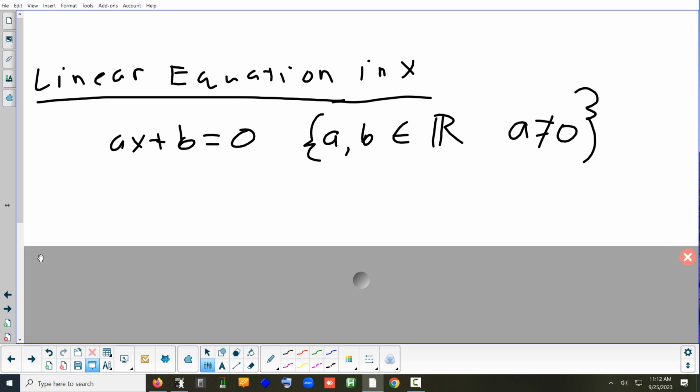Yeah. So this symbol, if you want to be really technical, means element of. So A and B are elements of the real number system. But A can't be 0 because if A is 0, 0 times x is 0. Now you have B equals 0, which is more like a constant equation when you get rid of the x. So a linear equation has to be able to be written like that, and A can't be the number 0.